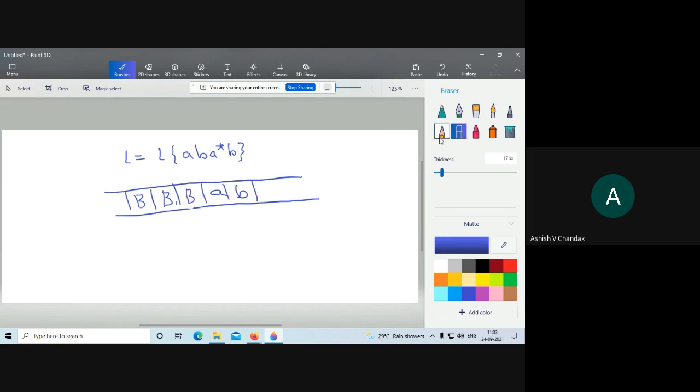Then again we'll replace it by V, then again this one will be replaced by V. So in this problem there is no need to move from left to right and right to left.